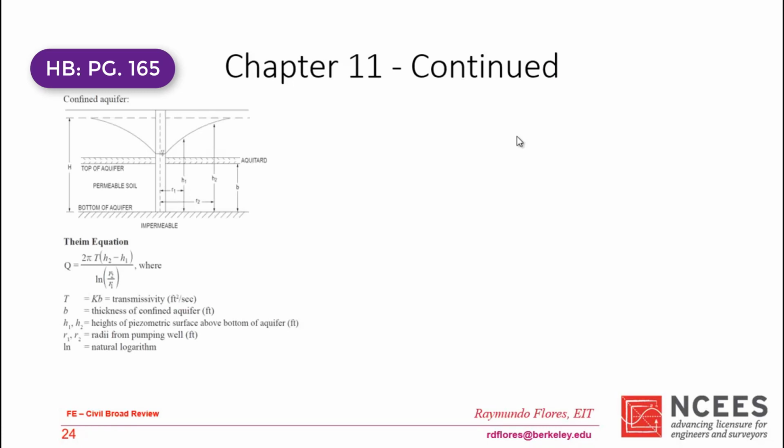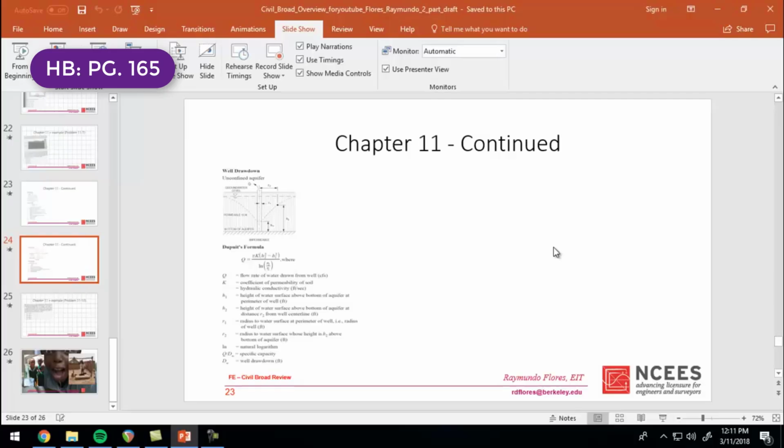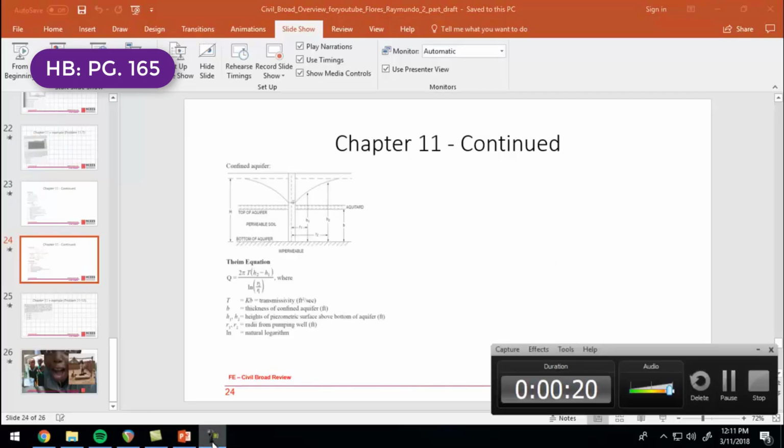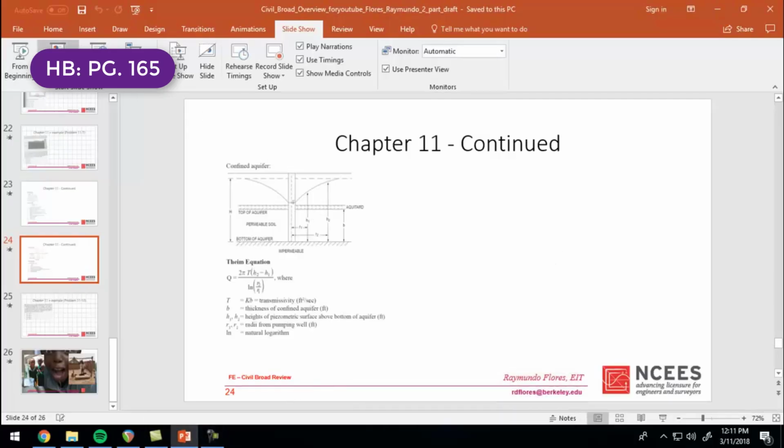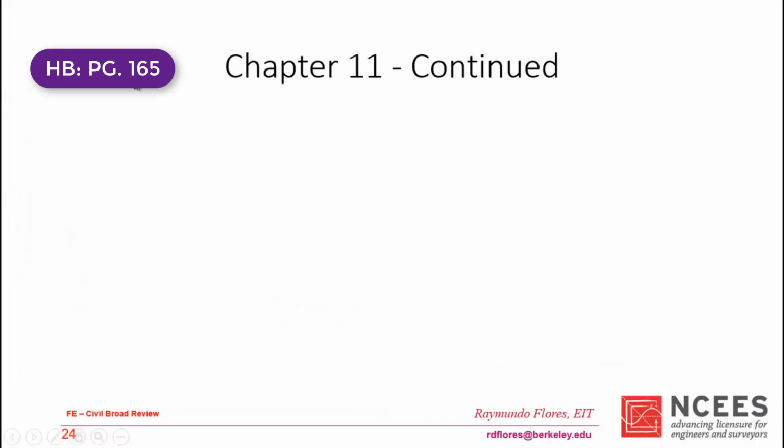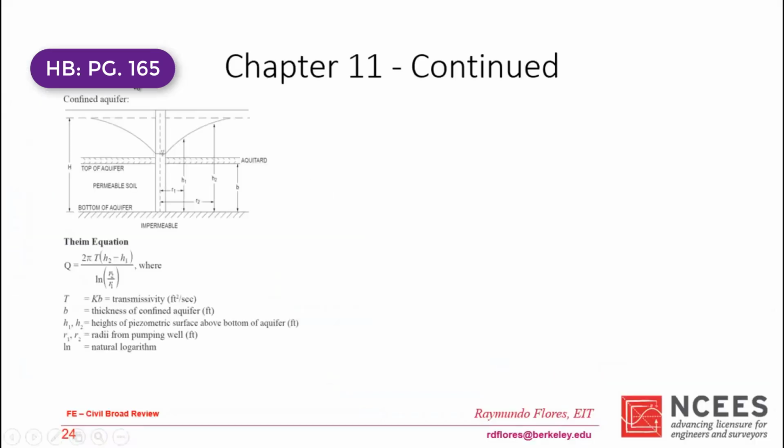All right, so now we have the confined aquifer, or drawdown well, and as I've said earlier, basically the unconfined aquifer, and let me draw that out again. I want to remind you what the unconfined is all about.